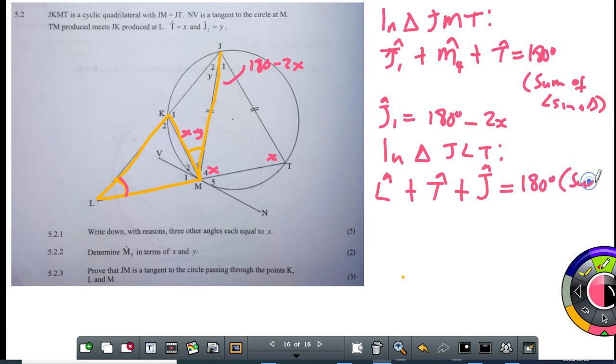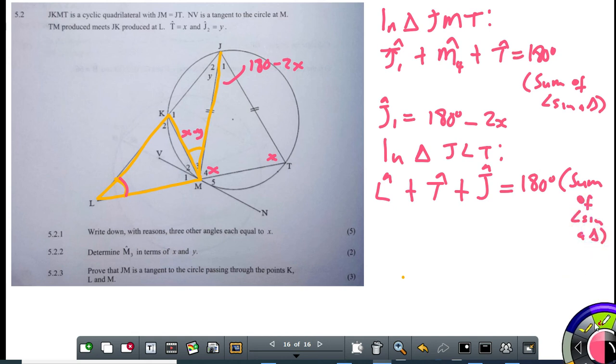And my reason is the sum of angles in a triangle. This is so easy, right? So this is angle L plus T, that's x, plus, now J is equal to y plus 180 minus 2x. So this will be y plus 180 degrees minus 2x is equal to 180. Then you solve that. Okay?